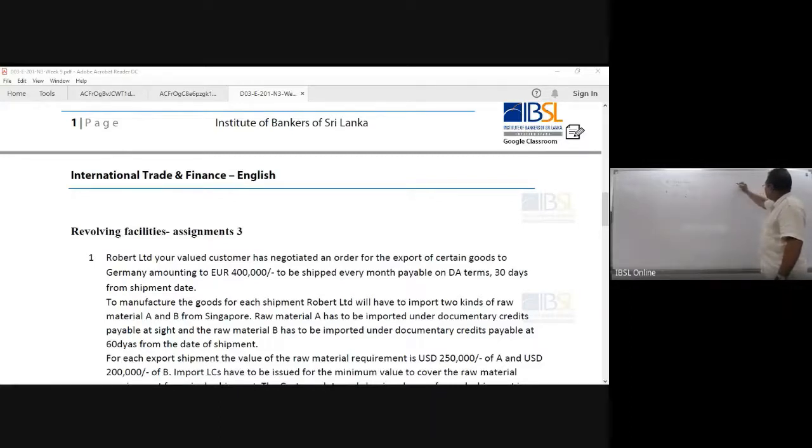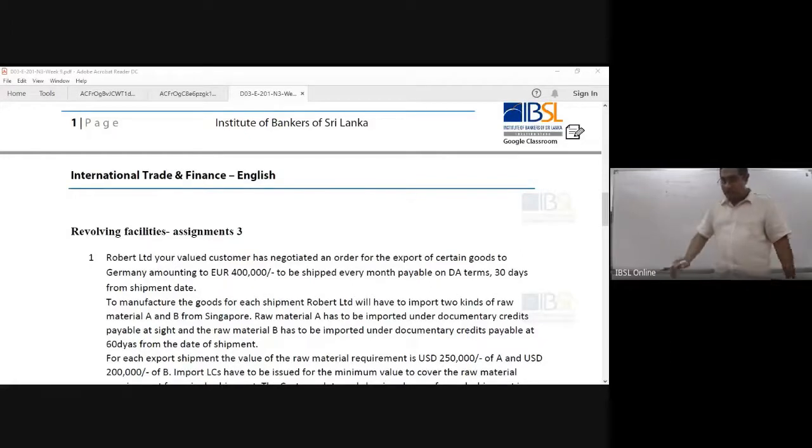EXBP, export bills purchase. Right. When you purchase the export bill, what will the bank do? Bank will send the bill to the issuing bank for payment. Right? And the payment will be received.